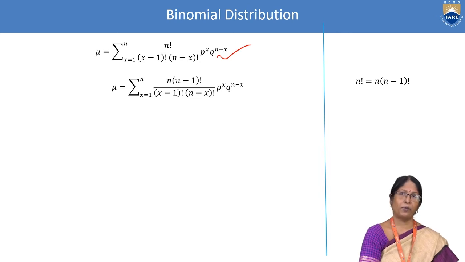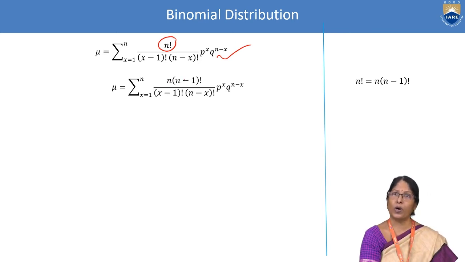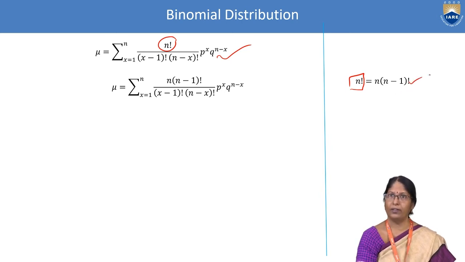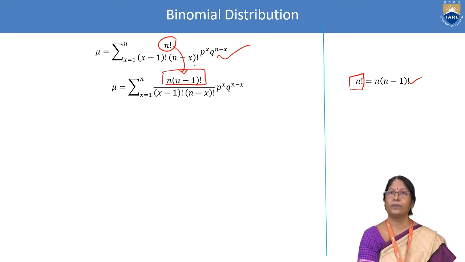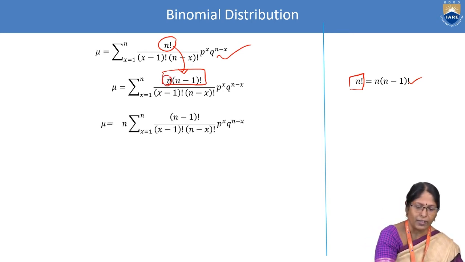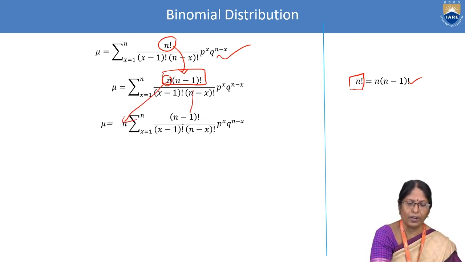The next step, again, this n factorial we simplified as n into n minus 1 factorial, because we know n factorial is n into the next term, which is 1 less, n minus 1 factorial. That is substituted in this place. Fine. The next step, this n is there, that we brought to the front. Remaining everything we wrote as it is. No changes at all.